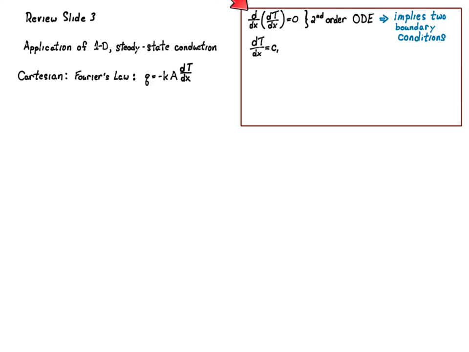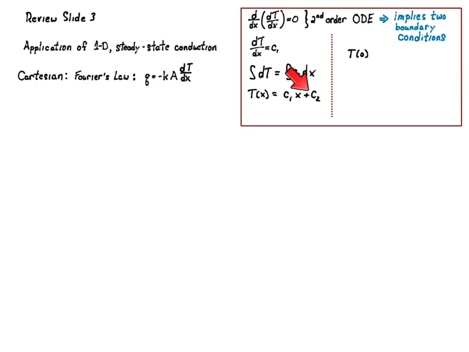So the quantity in the parenthesis up here, since we're taking a derivative of some quantity and it equals 0, has to be a constant, and we can take that, separating variables and integrating both sides to give us an expression for temperature as a function of x in terms of these two unknown constants.